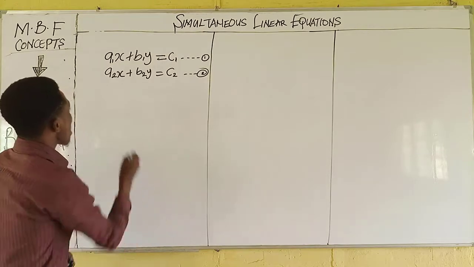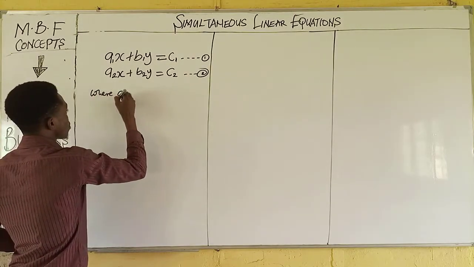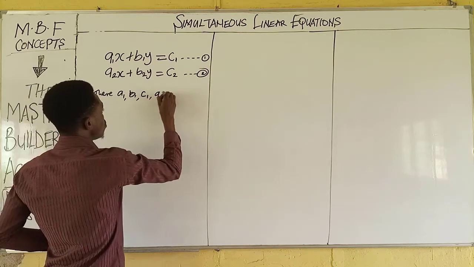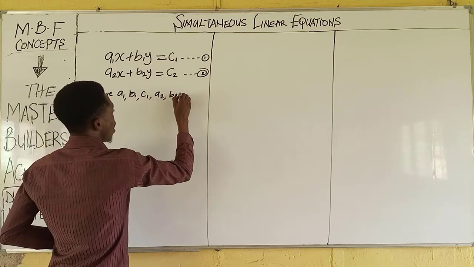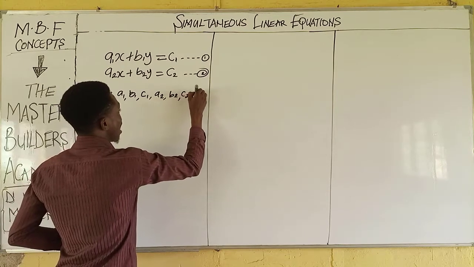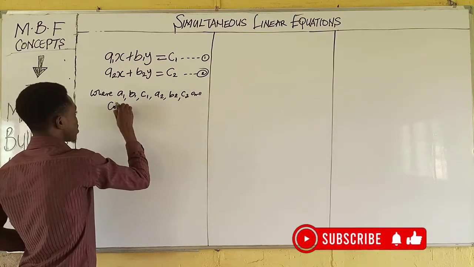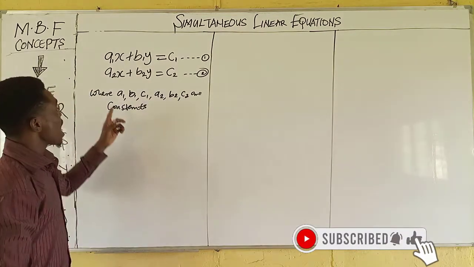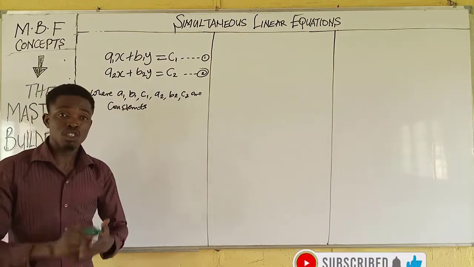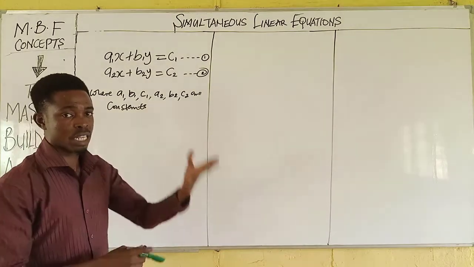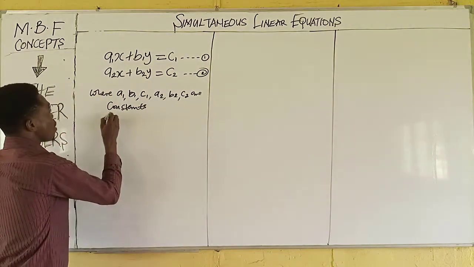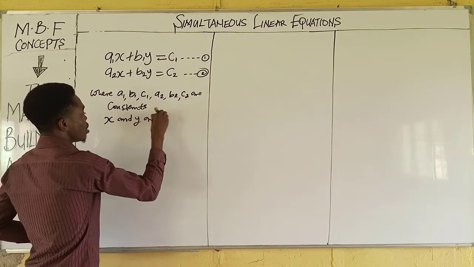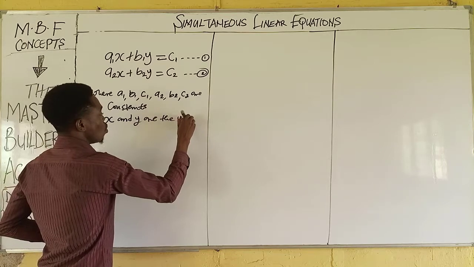So where a1, b1, c1, a2, b2 and c2 are all constants, they are integral. Therefore, x and y are the unknowns.